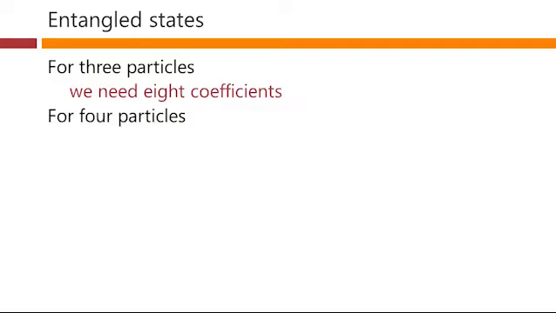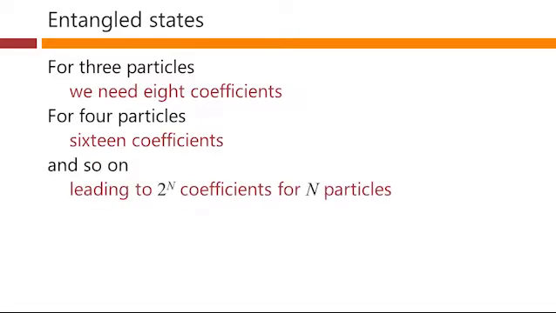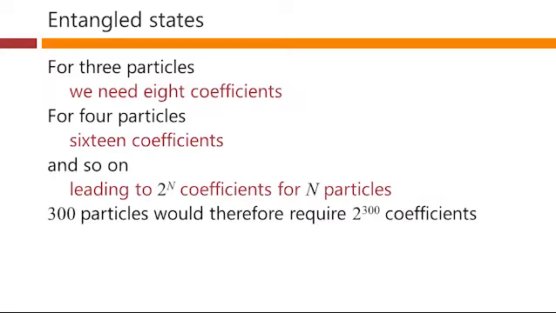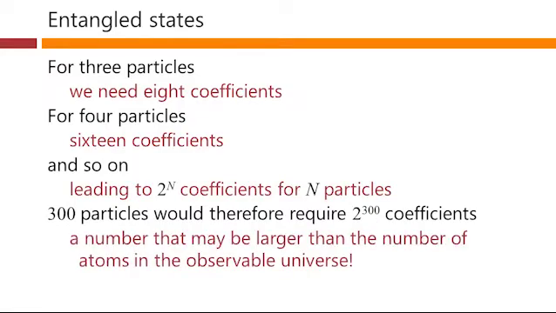For 4 particles, we need 16 coefficients, and so on, leading to 2^n coefficients for n particles. 300 particles, therefore, would require 2^300 coefficients, and that number may actually be larger than the number of atoms in the observable universe.